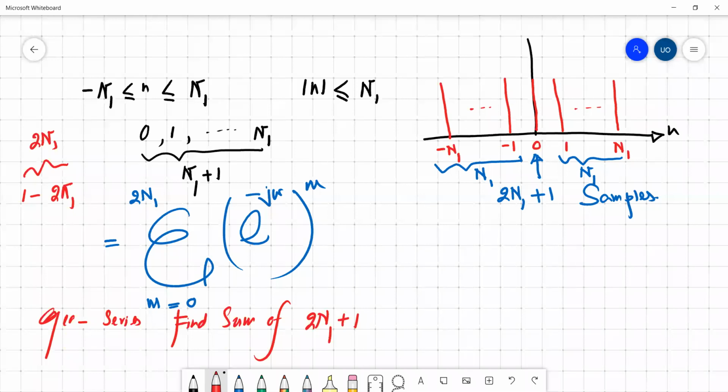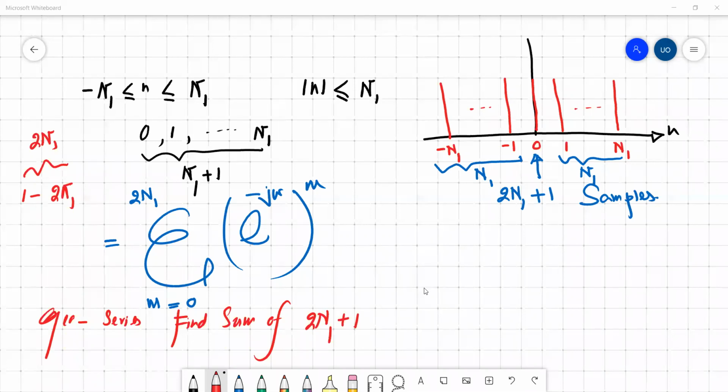If it starts from m equals 0 to 2N1, we already have 2N1 plus 1 samples. I hope it's clear; if not, just put a text. So this is a geometric series, and the issue is that this is a finite sum. You need to find the finite sum of these 2N1 plus 1 samples.